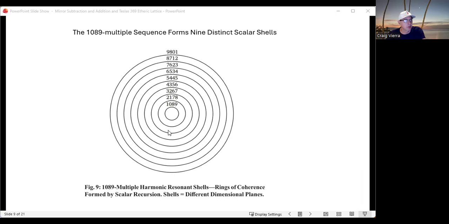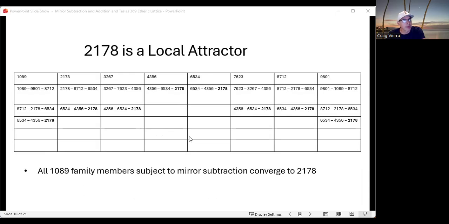Okay, so these are rings of coherence that are formed by doing that. You have recursion, and you can see these are like the multiples, almost like you're looking at steps, dimensional planes, if you will. And there were 9 of them. Now, the interesting thing about one of them is that one of the 1089 multiples was very interesting.